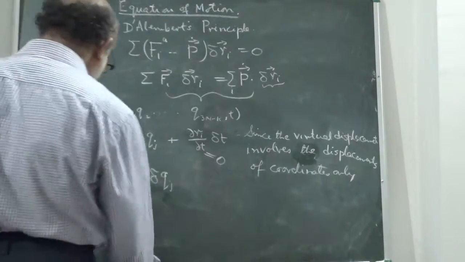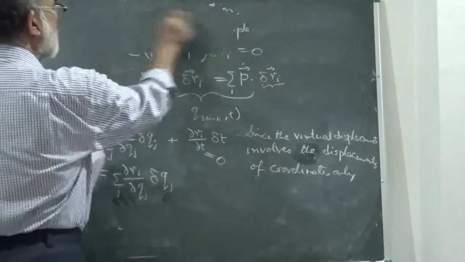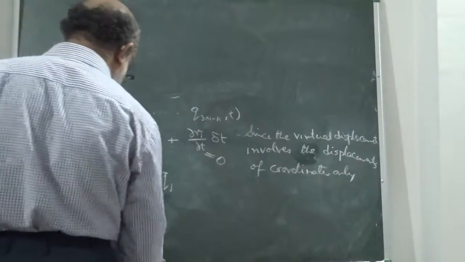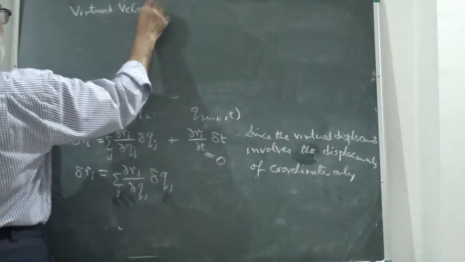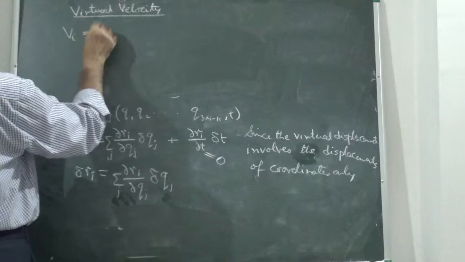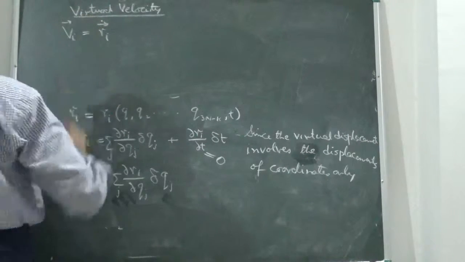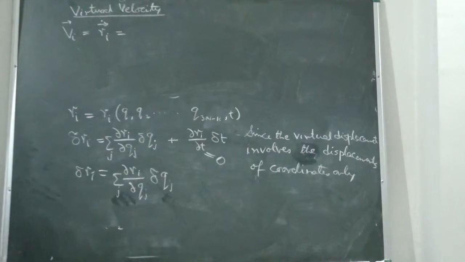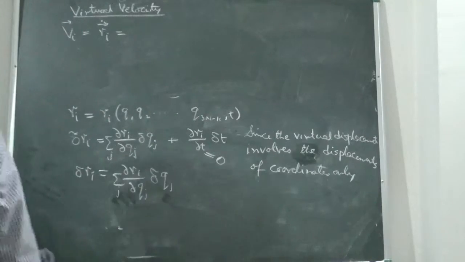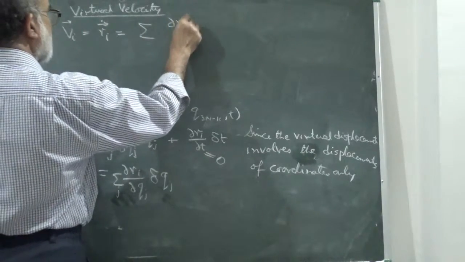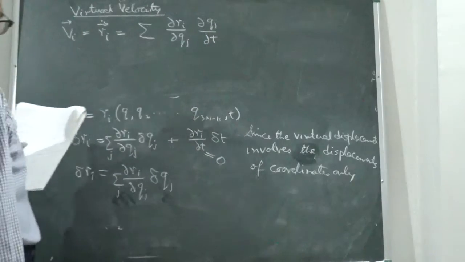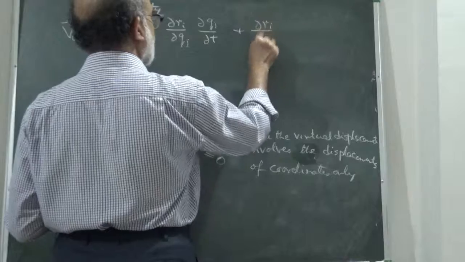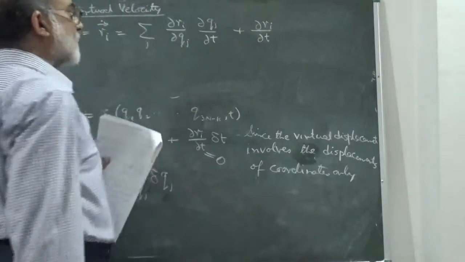Now the velocity in terms of generalized coordinates is delta Ri by delta Qj times Qj dot plus delta Ri by delta t, summation over j.